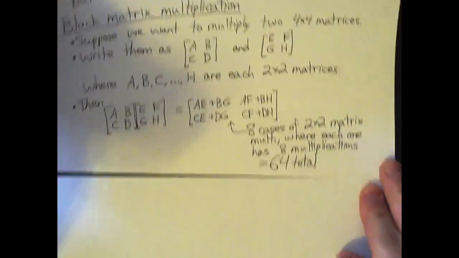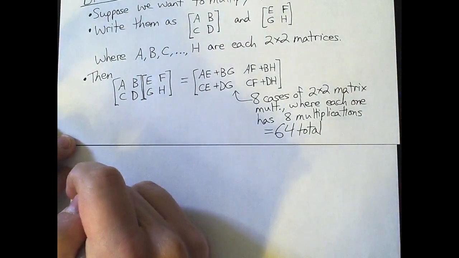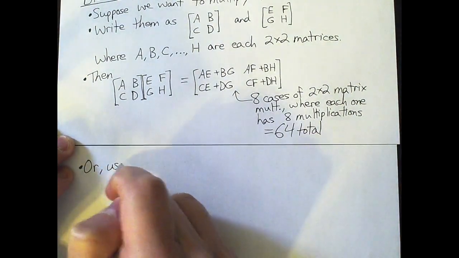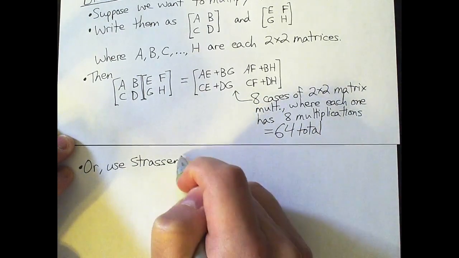Now, what does this have to do with Strassen's method? What can Strassen's method do? We can use Strassen's algorithm in this block matrix multiplication problem.